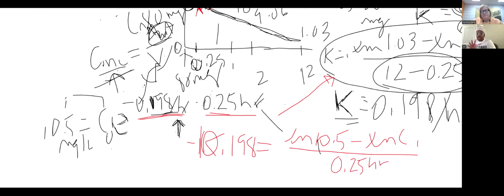Can I just do this? I just want to make sure. Okay, I've come up with my answer for C0. Let me know when you come up with what that is. So k equals natural log C2 minus natural log C1, over the time. It's okay, you'll have to write it out for me. Give me one second. Let's see if we get the same answer.